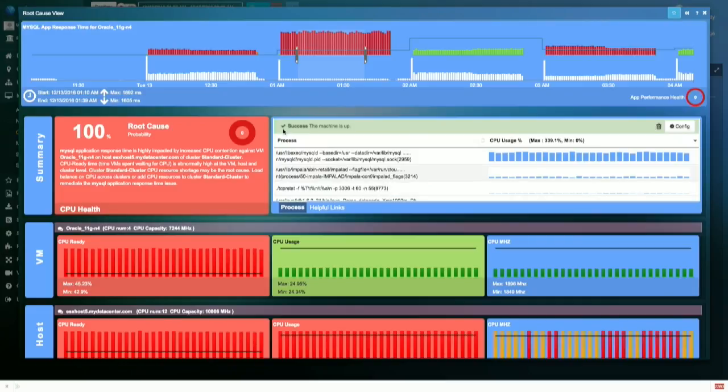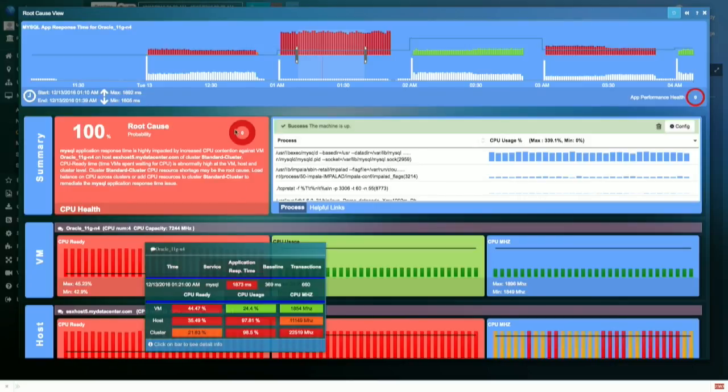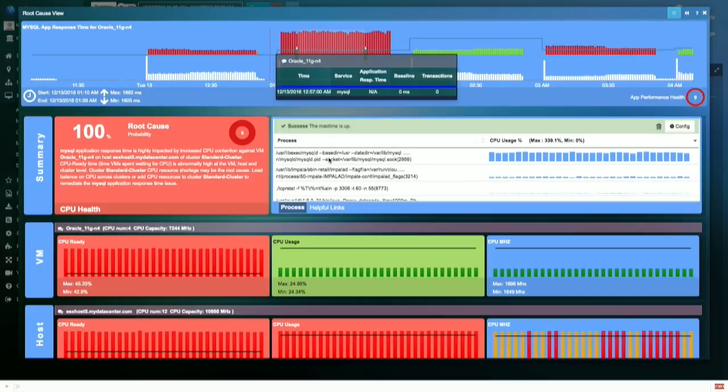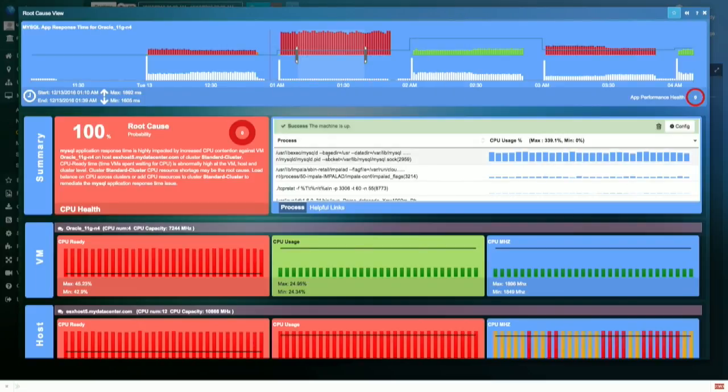That's when this process panel becomes very important. The way we differentiate is, we not only provide you the physical and virtual information, we really try to stitch application information, infrastructure information, and process information together to give you the whole story.